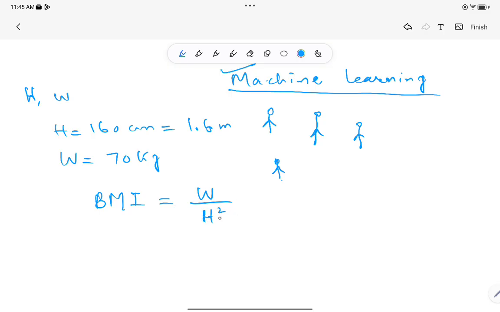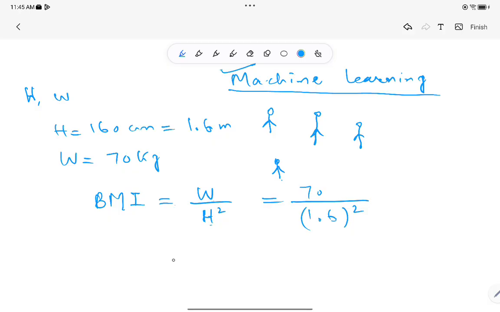Now, when I calculate this body mass index for this person, I have to divide the weight, 70 kg, by the height squared. Height is 1.6, squared. It is a must that weight should be in kilograms and height should be in meters.